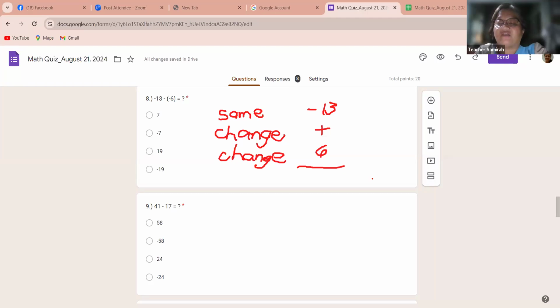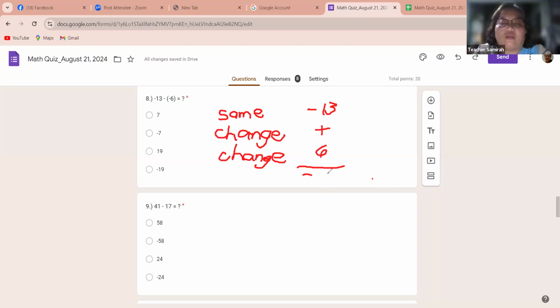What is the sign of 13? Is it positive or negative? Negative. So we copy the negative sign and subtract: 13 minus 6 is 7.